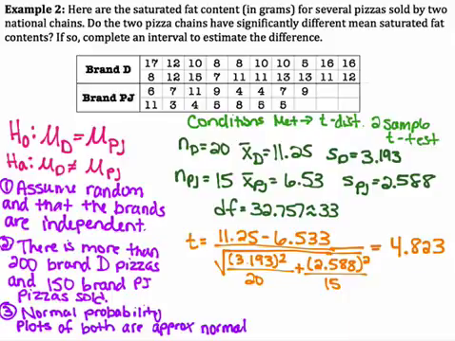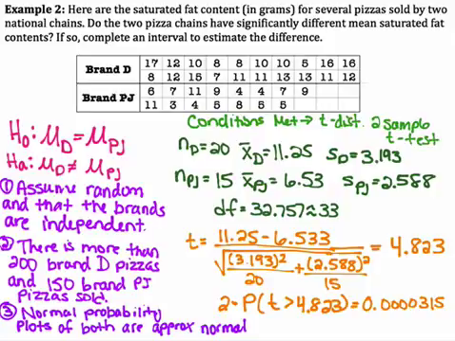The p-value was also given in the calculator. But to show the work, it's 2 times the probability that t is greater than 4.823, because it's not equal to. That gives me 0.0000315, which is quite small.